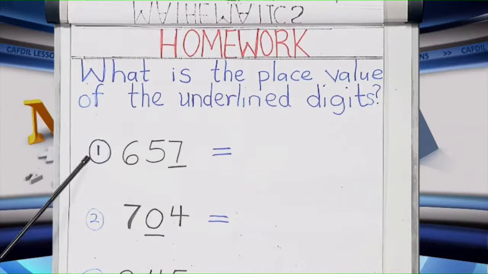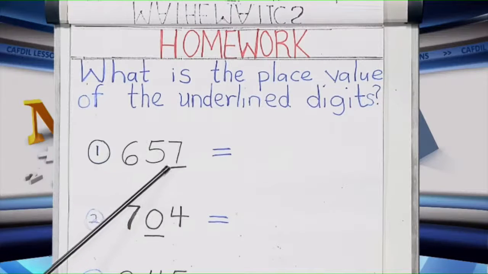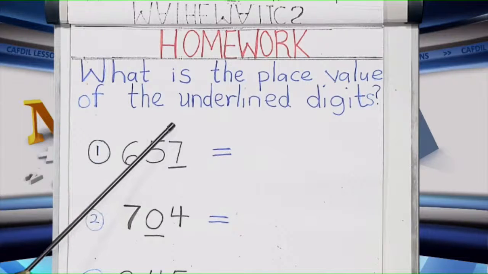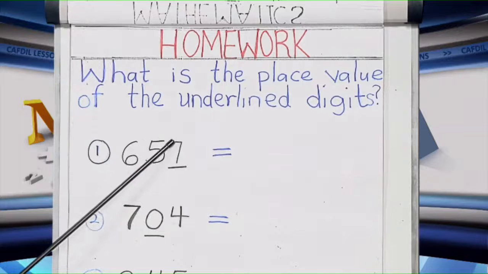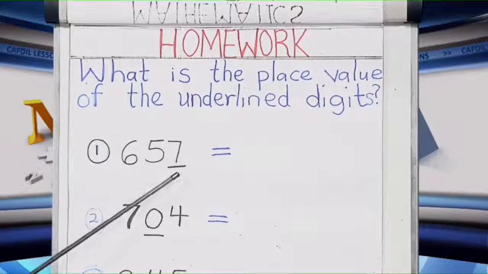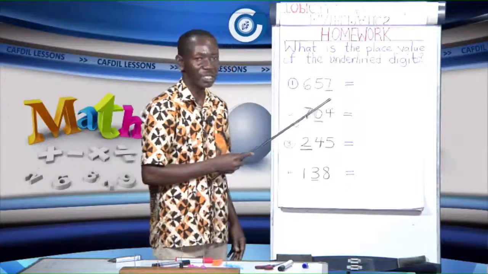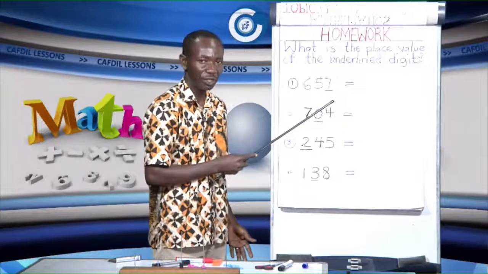For question 1, we have 6, 5, 7. The 7 is underlined. What is the place value of this 7? So you have to tell me whether this 7 is under ones, tens, or hundreds.